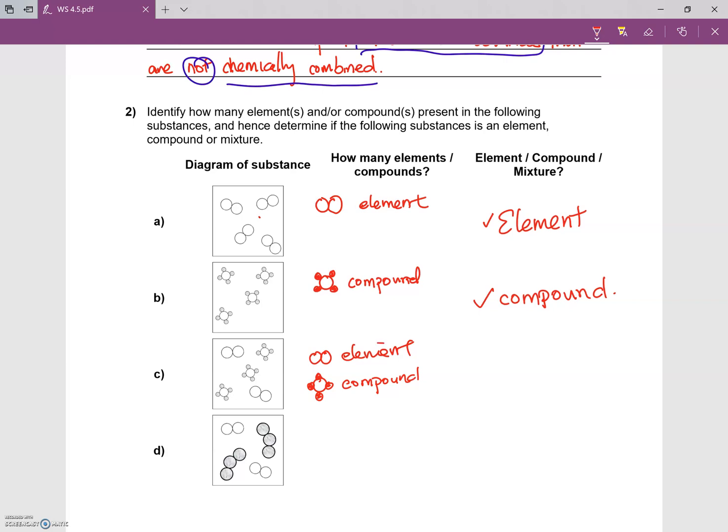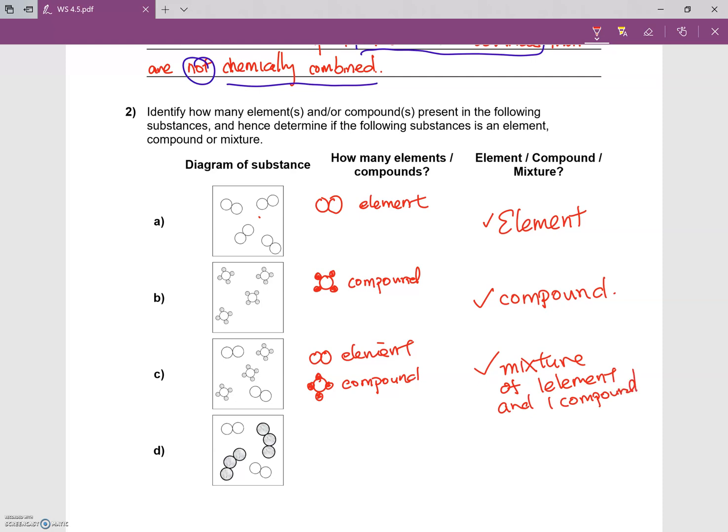Because it is not purely one element and not purely one compound, we consider this a mixture, a mixture of one element and one compound, because the element and the compound are mixed together.